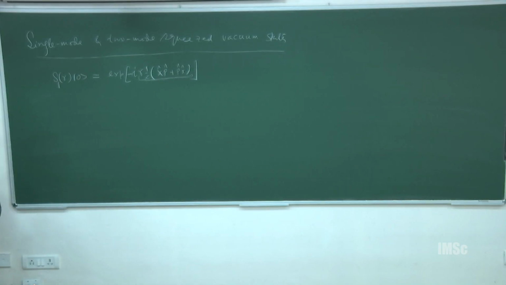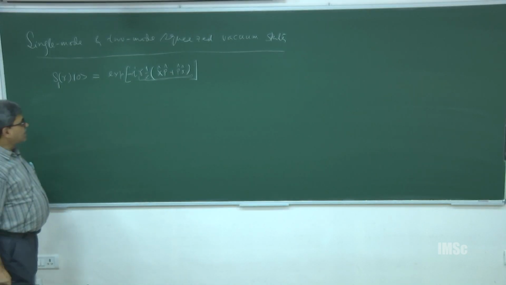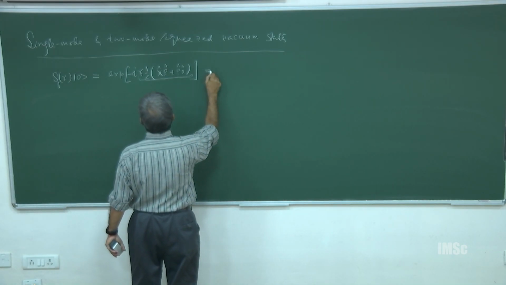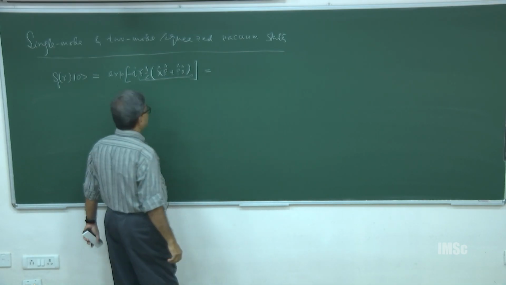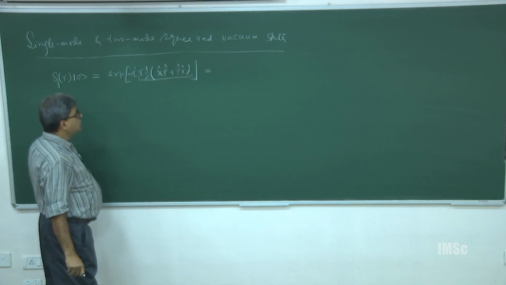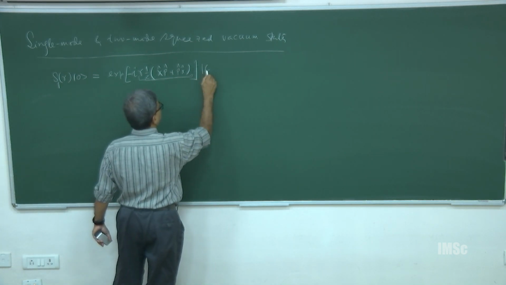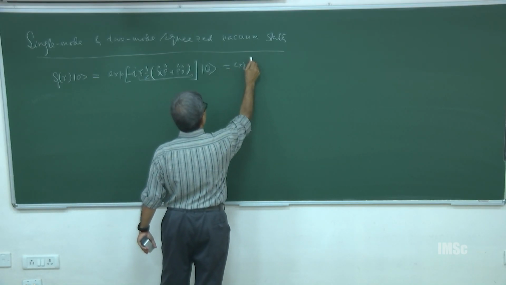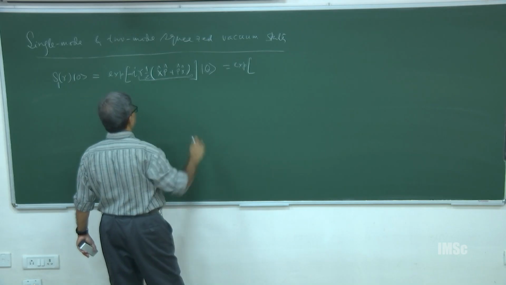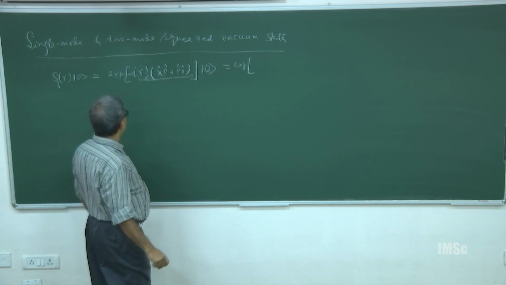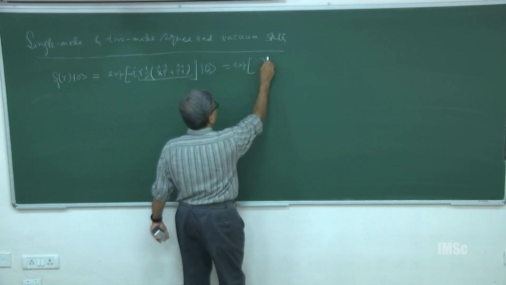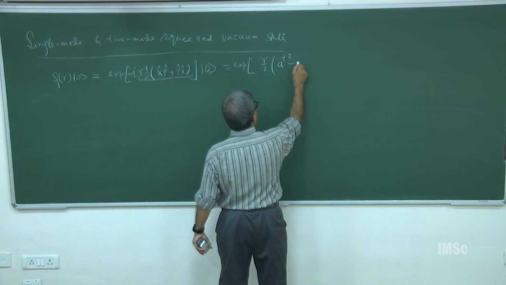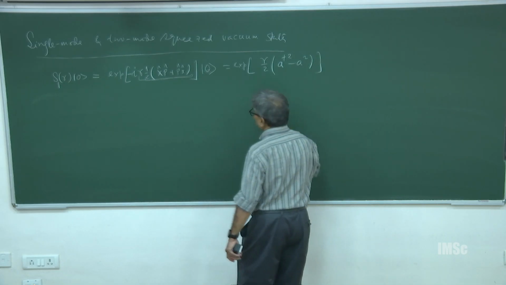Good. So this, if you calculate, should turn out to be, acting on the vacuum, exponential of R by 2 times a dagger square minus a square. I guess so, right?